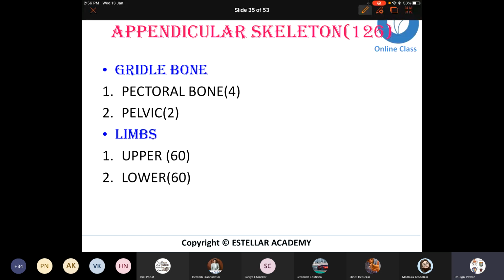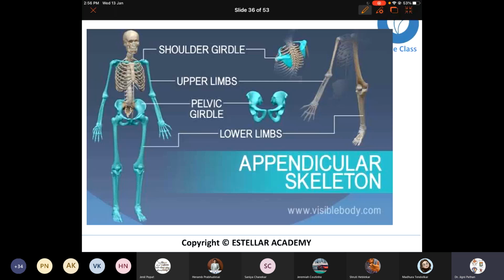Point clear? Is everything done? Can we discuss the next point? Okay. Next. You see the shoulder girdles. Can you see the pelvic girdles and the lower girdles? Lower limbs and the upper limbs. This is about the appendicular skeletal.